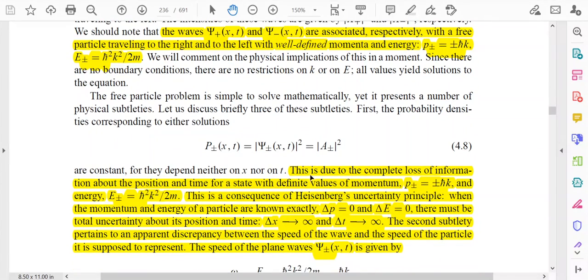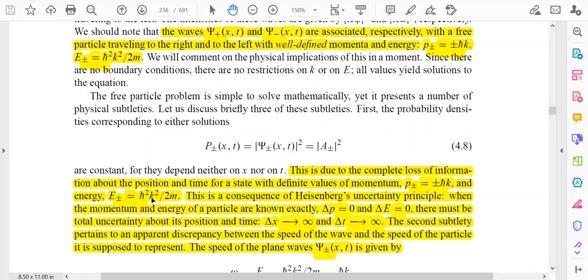Why? Because this is due to the complete loss of information about the position and time for a state with definite values of momentum p equal to h cut k and energy E equal to p square by 2m. That is, we have shown that the probability density does not depend on position and time.